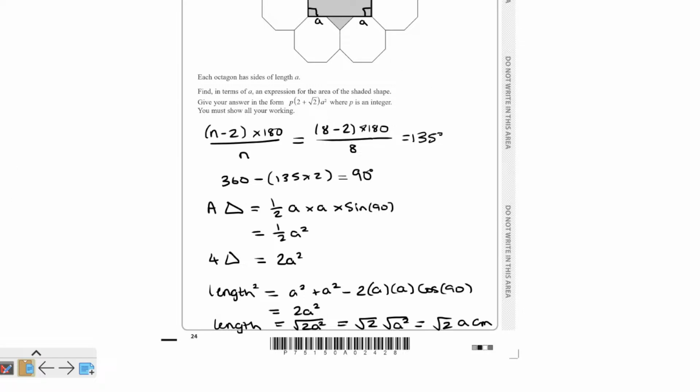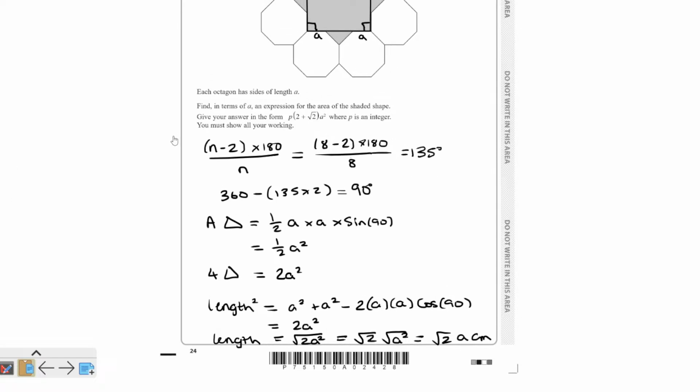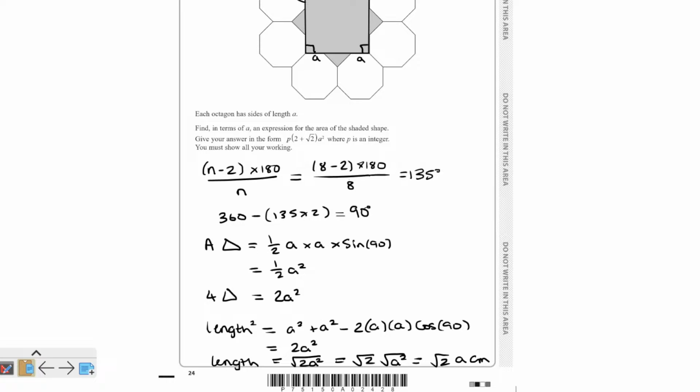Now that is, if we come back, this little bit in the middle here, isn't it? Root 2A. So the whole side length would be A plus root 2A plus A. I put whole length.